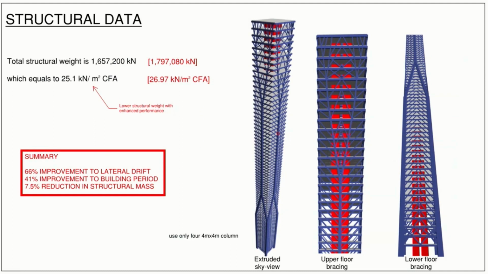It also, we created a slight reduction in the structural mass of about 7.5%. So it seems that using nature's strategies, certainly as indicated on this, you can have enhanced performance for less material. So we get greater economy with something that becomes more performative.